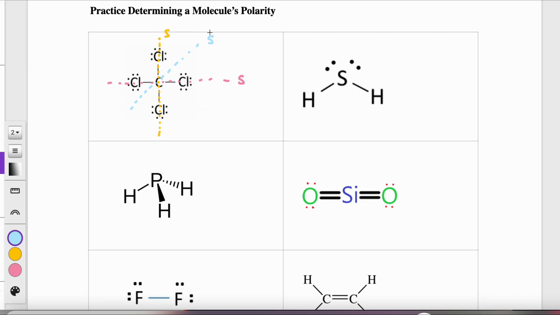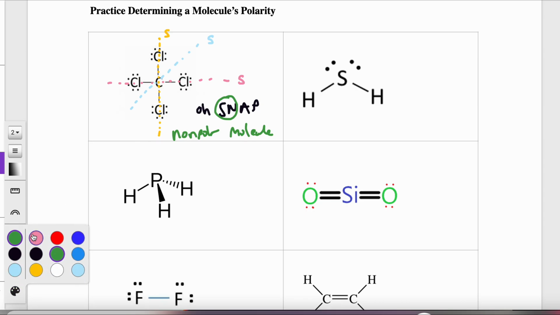So when I find that no matter which way I look at this molecule, it seems to show symmetry around the entire thing. So in the OSNAP, it seems to be symmetrical on all three planes. So this would be a nonpolar molecule.